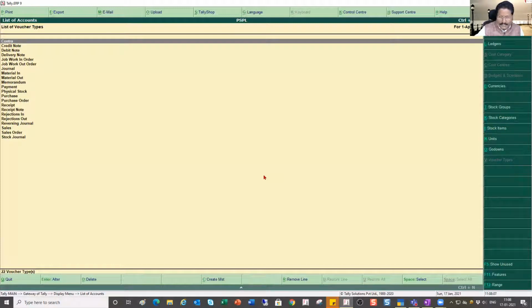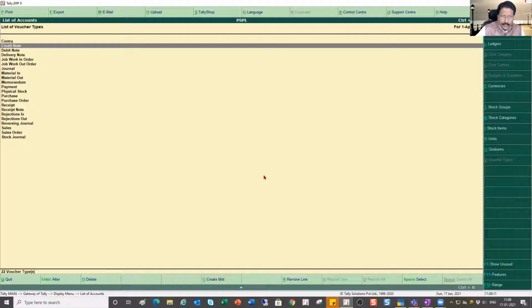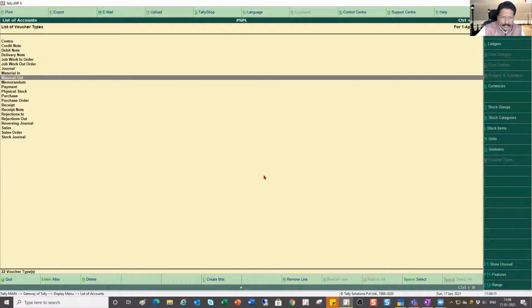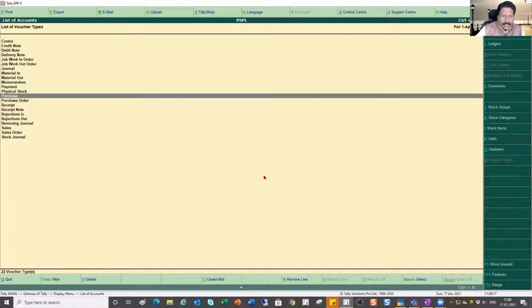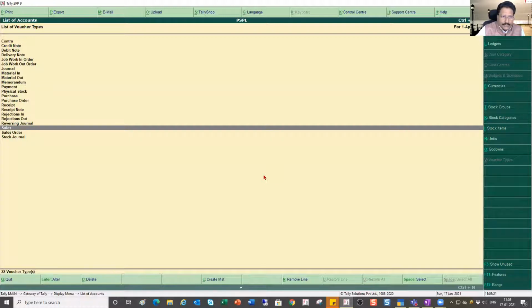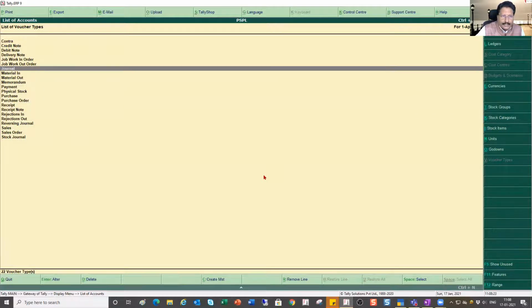Currently, these are the list of vouchers. We will be discussing the contra voucher, credit note, debit note, and also the payment, receipt, sales, and journal vouchers. Let me quickly explain.